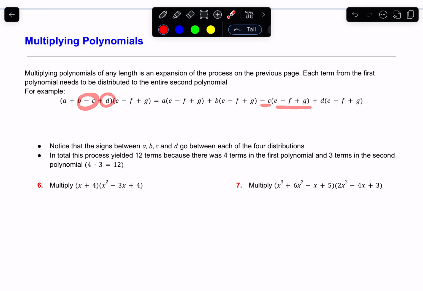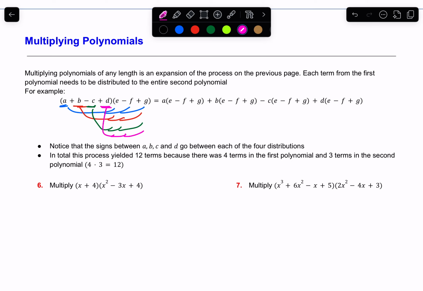And take the d. Well, let me wait for those to go away. Take the d and multiply it by the whole other expression. So we're just distributing a to all three things, distributing b to all three things, distributing negative c to all three things, and distributing positive d to all three things. Okay, so you're just taking each term from the first expression and multiplying it by everything in the second expression.